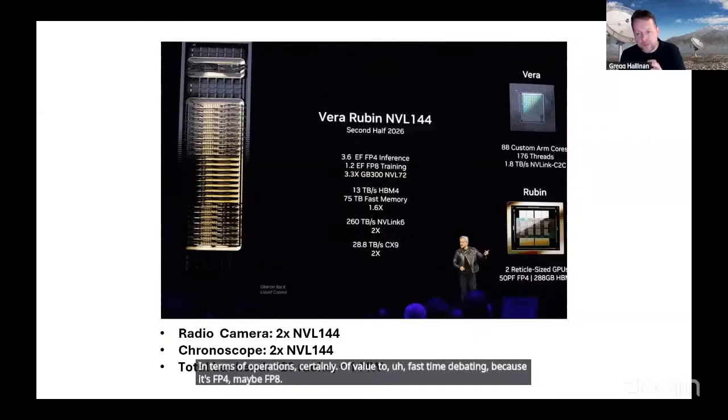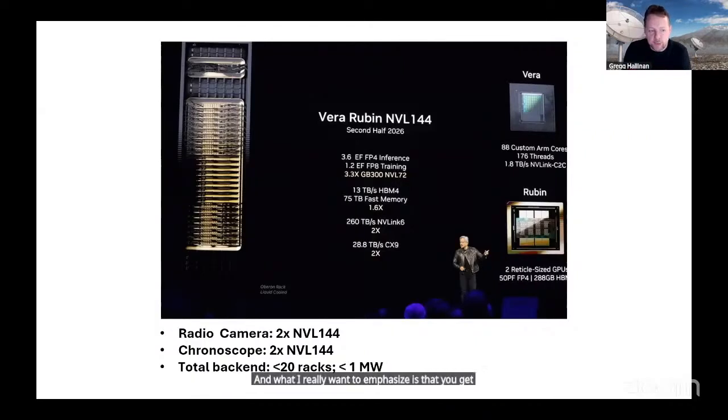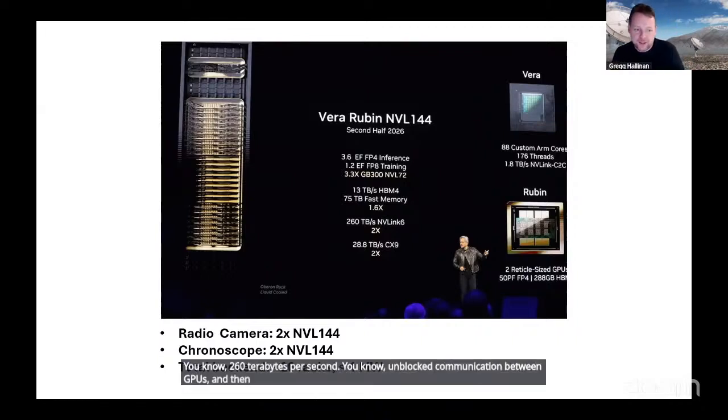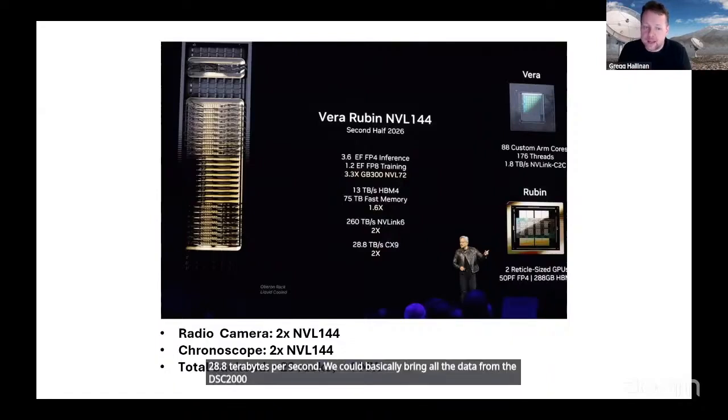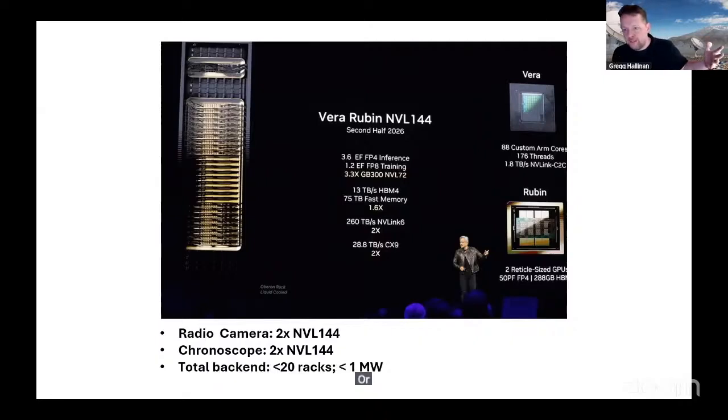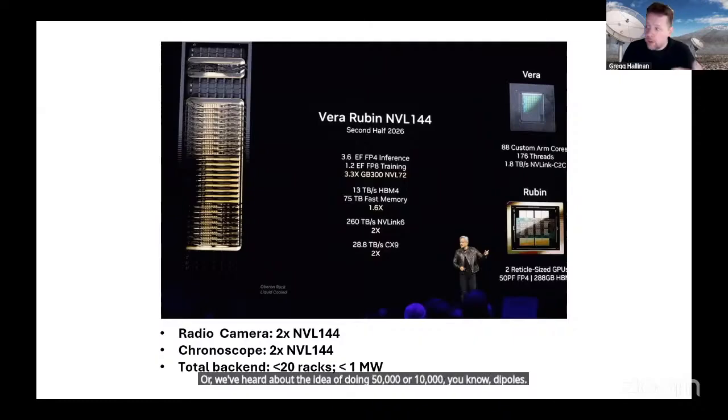And what I really want to emphasize is inside a single rack, you get 260 terabytes per second unblocked communication between GPUs, and then into a rack, 28.8 terabytes per second. We could basically bring all the data from the DSC-2000 into a single rack. Or we've heard about the idea of doing 50,000 or 100,000 dipoles. They all come into a single rack.